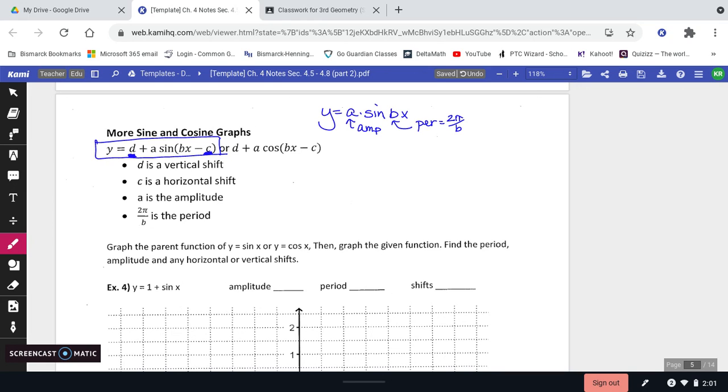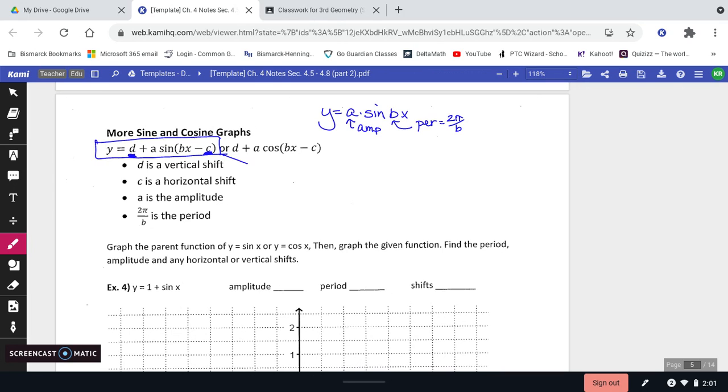With the trig equations, it's c and d, but it's the same concept. So d is a vertical shift, c is a horizontal shift. And just like with h, we always reminded ourselves, change the sign when you pull the h out of the equation. Same thing here, change the sign on that c when you pull it out.